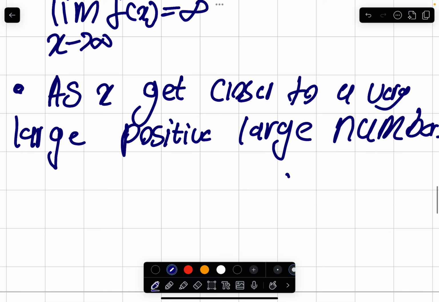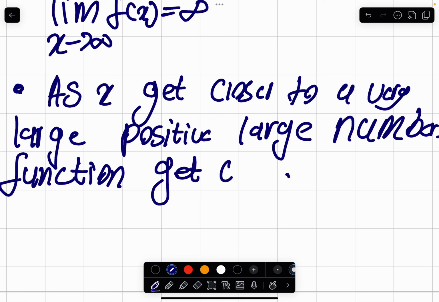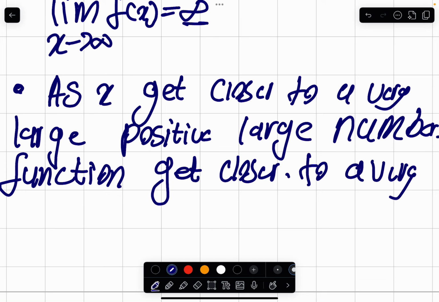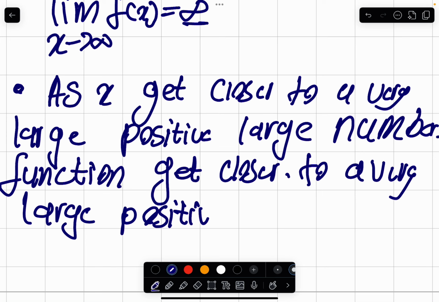Understand? Then meaning that the function gets closer to a very large positive number.